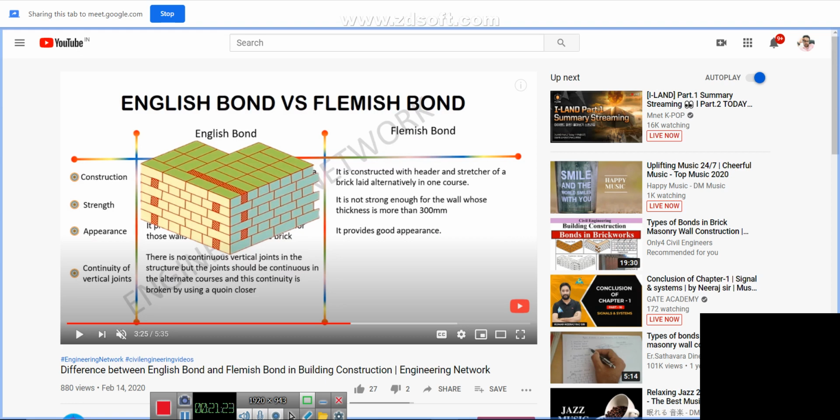There are no continuous vertical joints in the structure. When you observe these courses, the lowermost course is a stretcher course, the second course is a header course, and the third course is again a stretcher course. So when you observe these two stretcher courses, there will not be any vertical joints continuously.